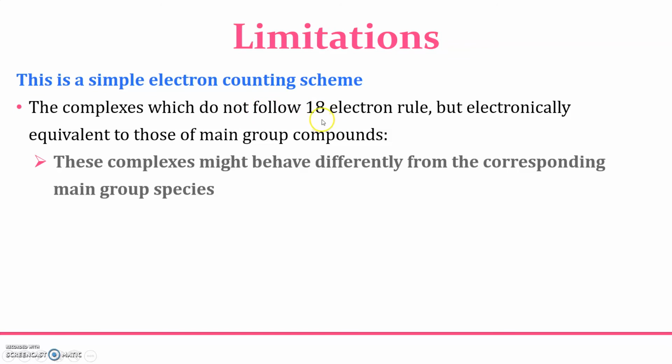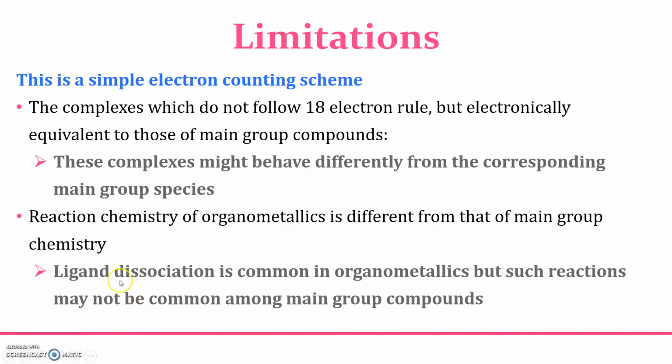For example, some cyano complexes we have already studied that they don't follow the 18 electron rule, but they cannot be compared with the main group. This is because there will be difference in the reactivity between the complexes and the corresponding main group species. The reaction chemistry of organometallics is different from that of the main group chemistry. So we are limiting ourselves only to the electron counting scheme, and reactions are highly sceptical.